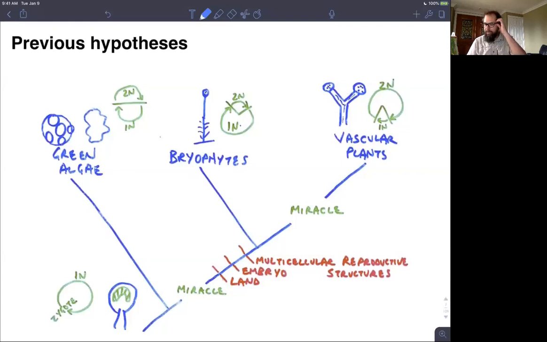And so on this very simple phylogeny that I've drawn out, we have green algae here. And remember, those are strictly aquatic organisms. And then we have our land plants, which are made up of, in this simplified version, just the bryophytes and vascular plants. So these are our land plants.